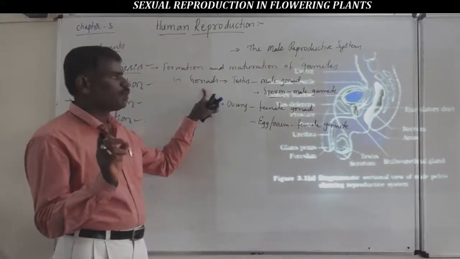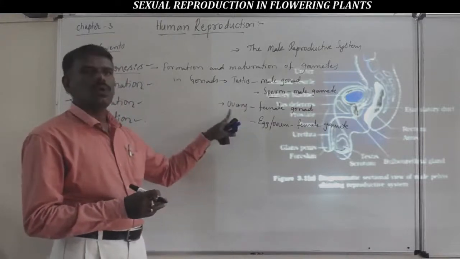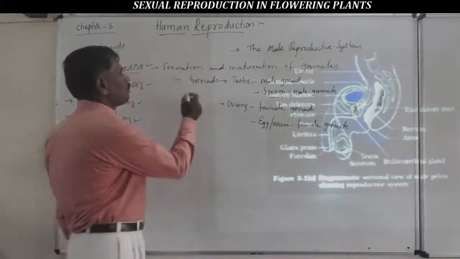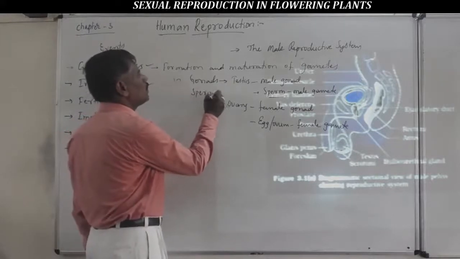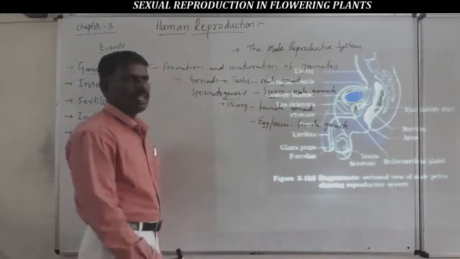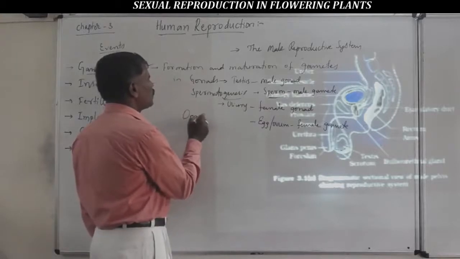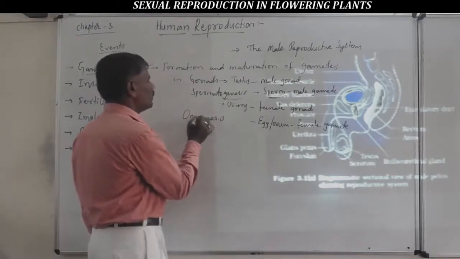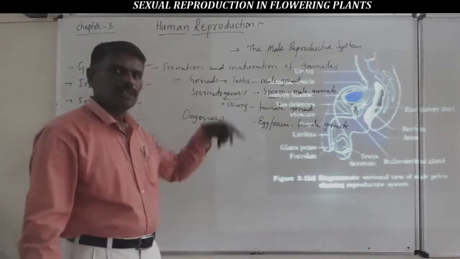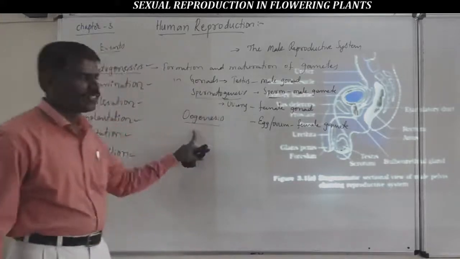The male gonad testis produces the sperms, which is called spermatogenesis. The female gonad ovary produces egg or ovum, which is called oogenesis. So spermatogenesis is the production of sperm in the male gonad. Oogenesis is the formation and maturation of egg in the ovary.